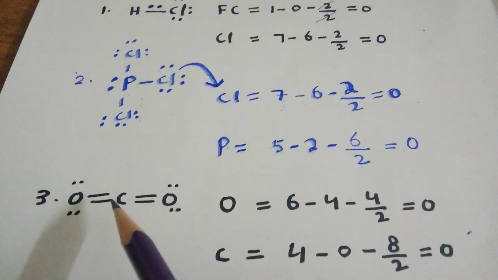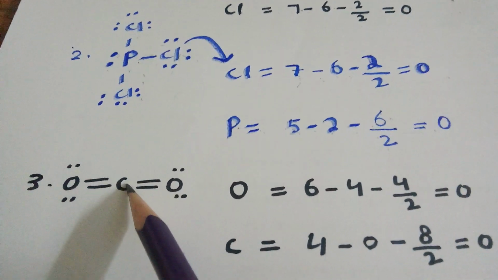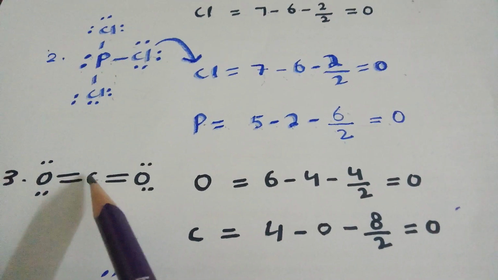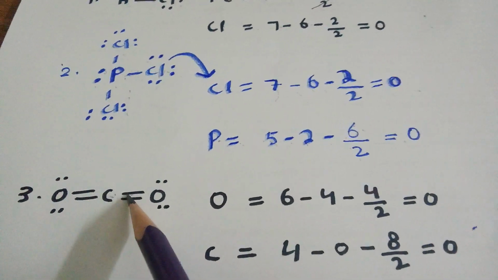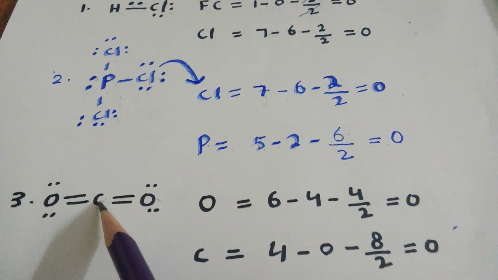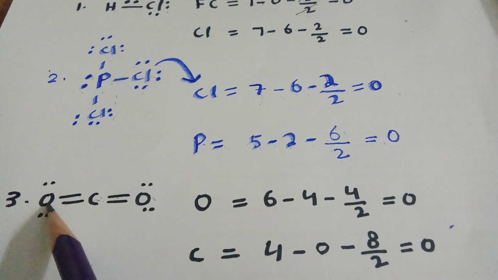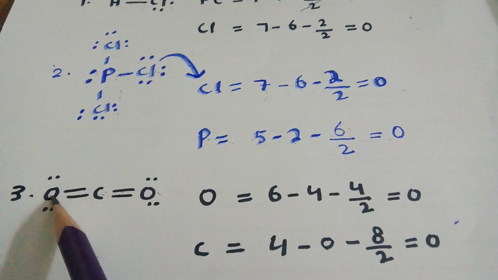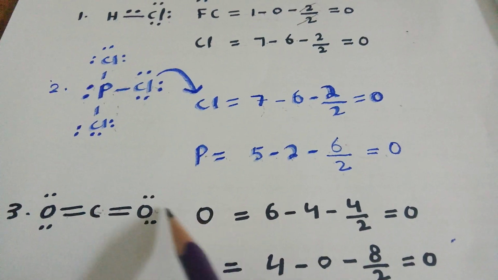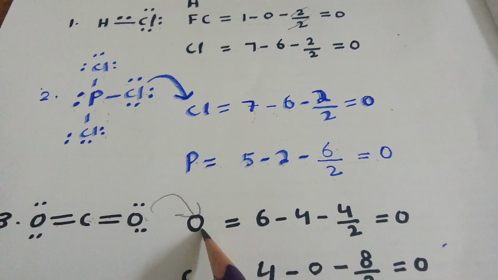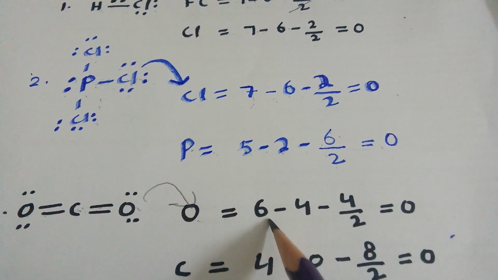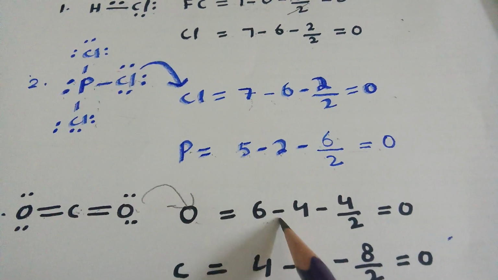Now take another example. This is the carbon dioxide case. We know that carbon dioxide is formed with carbon forming a double bond with this oxygen, and carbon also forms a double bond with this other oxygen atom. Now let's take this oxygen. The valence shell of oxygen contains 6 electrons, minus 4.